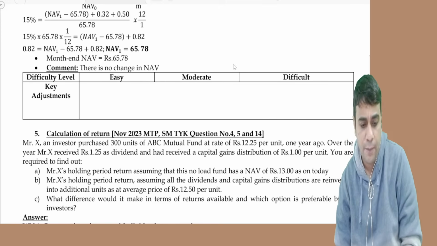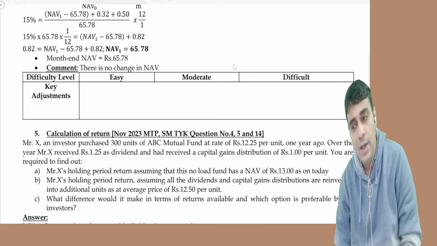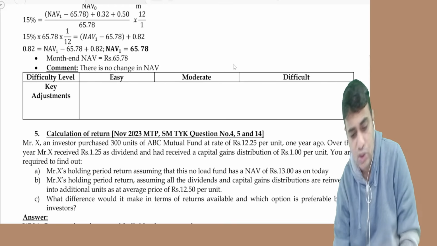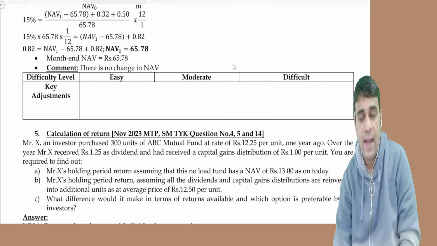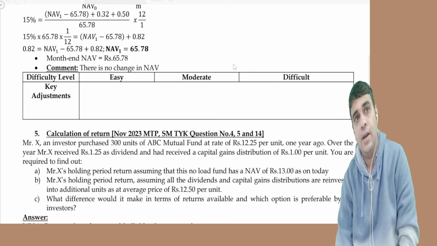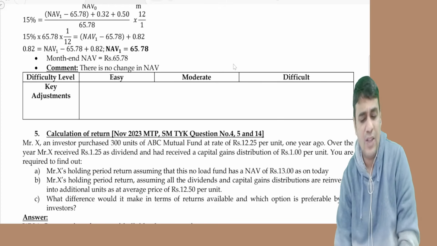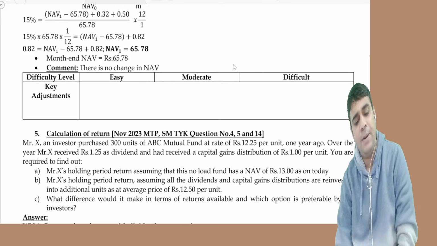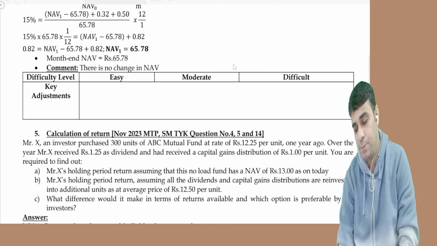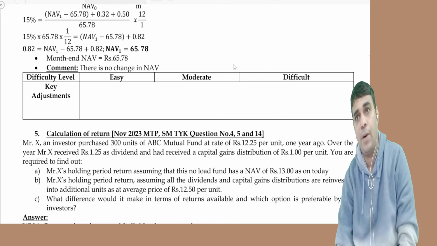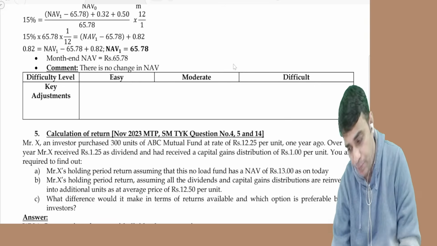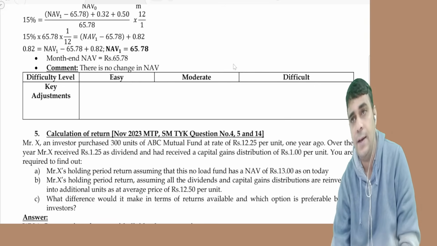You are required to find Mr. X holding period return, assuming that this no load fund has a NAV of 13 as of today. Mr. X holding period return, assuming all dividends and capital gain distribution are reinvested into additional units at an average price of 12.50 per unit. What difference would it make in terms of returns available and which option is preferable by the investor?